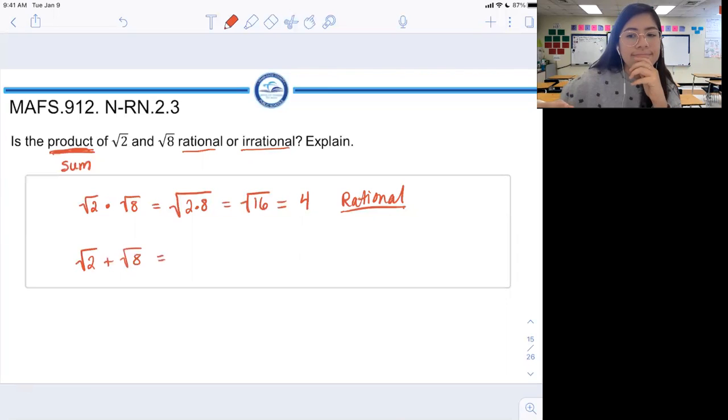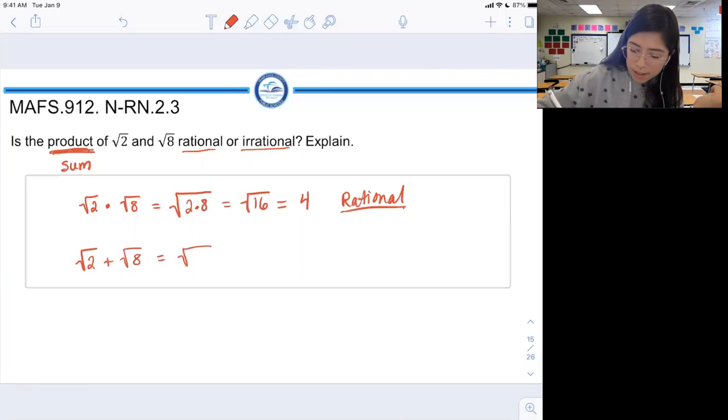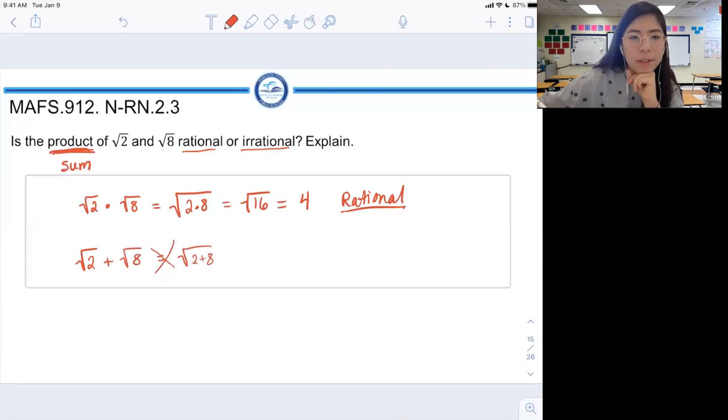Let's see. Since we're adding, I cannot do this. That's just not a rule. So therefore, this would be irrational. There's no way to get a nice number out of that.